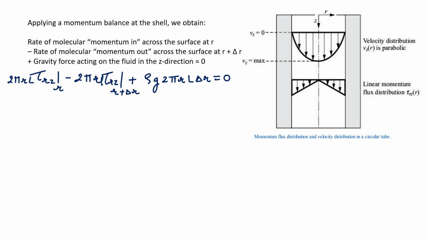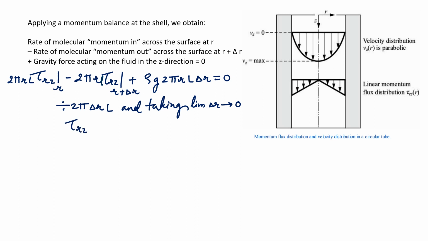Now dividing by 2 pi L delta r. Don't divide by r, since r is the variable. Divide by delta r and take the limit, that is, delta r tends to 0.